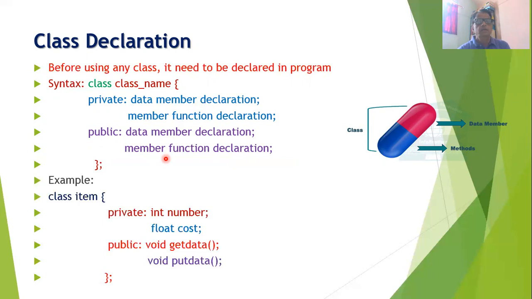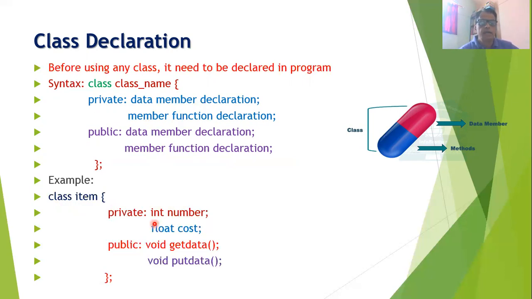For example, suppose I have a class. First, I write the keyword class, then the name of the class, which is suppose item. Suppose I have two data members that I want to declare as private.